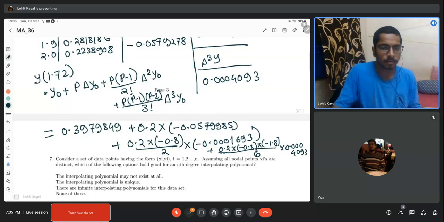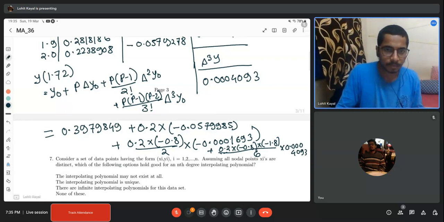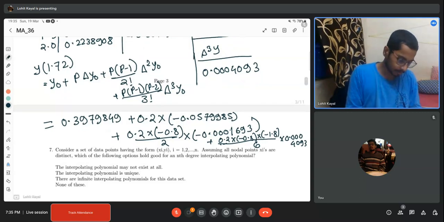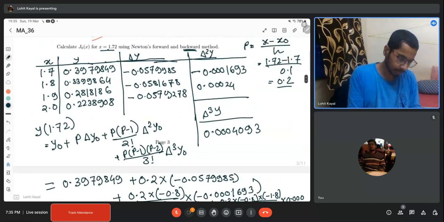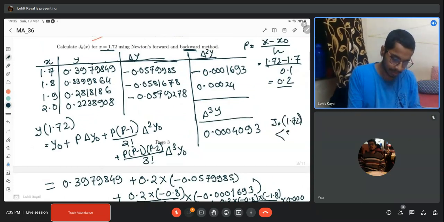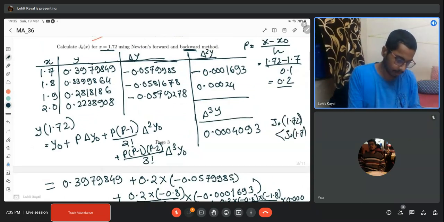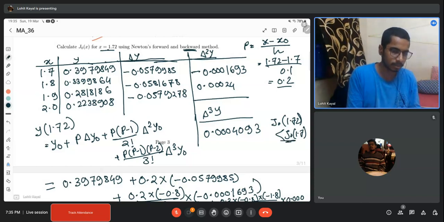If you do that, you will get the final answer. Just do the calculation, and you will find that J0 at 1.72 will be less than J0 at 1.7, because from the trend we can see that as x increases, the value of J0 decreases.